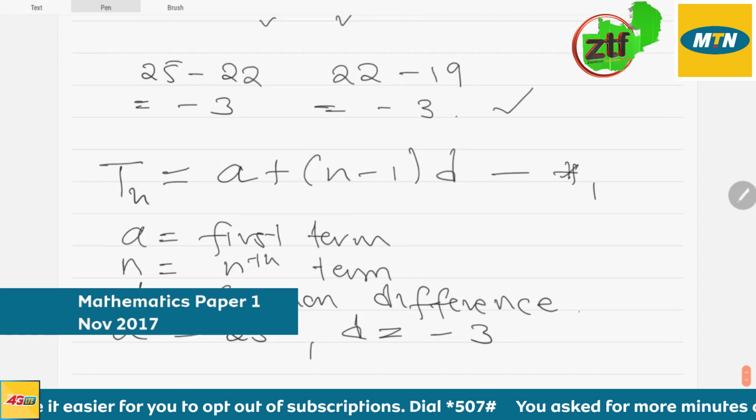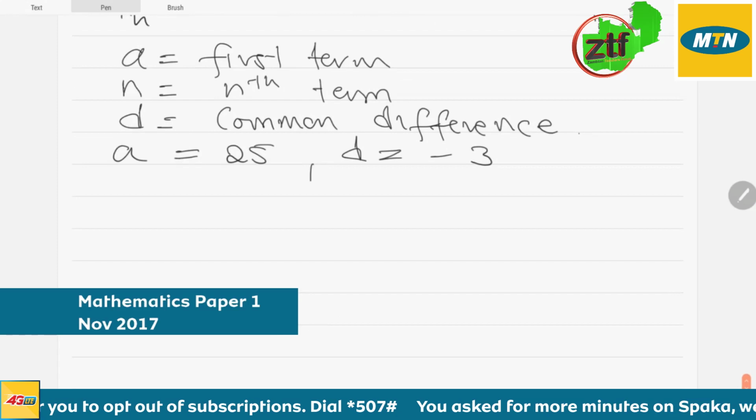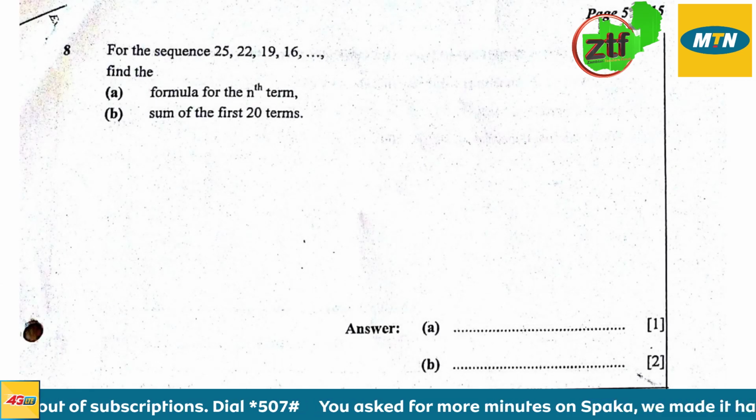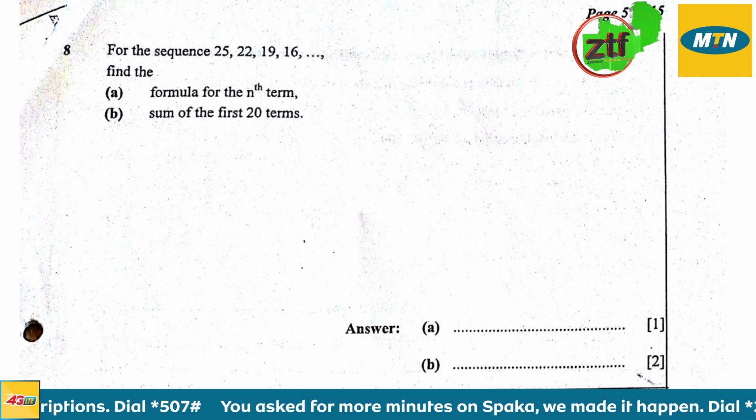Okay. So the question is, find the formula for the nth term. We are not given the value of n, so we just need to simplify our formula and find the simplified formula in terms of n.